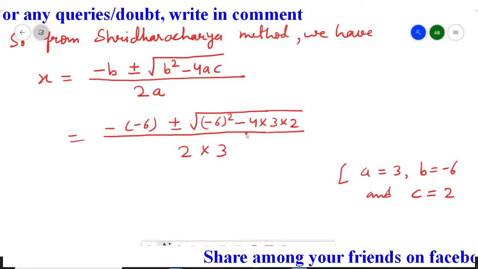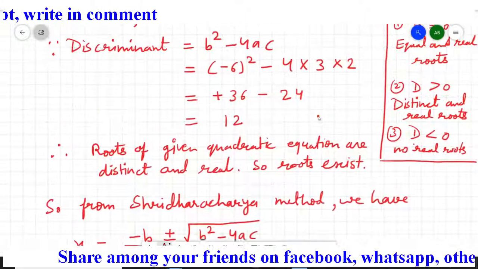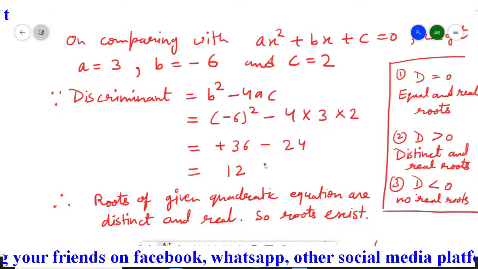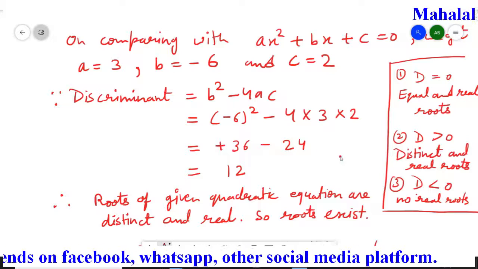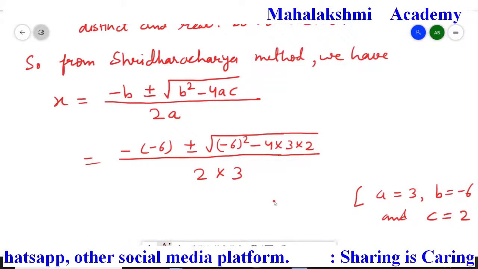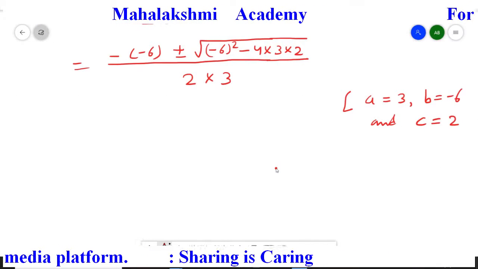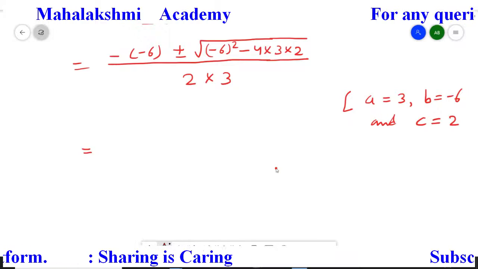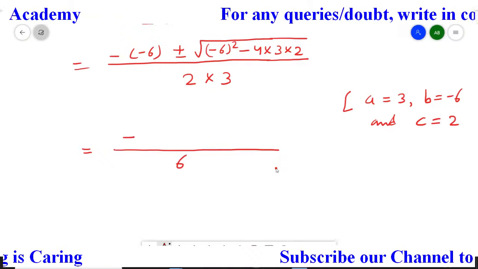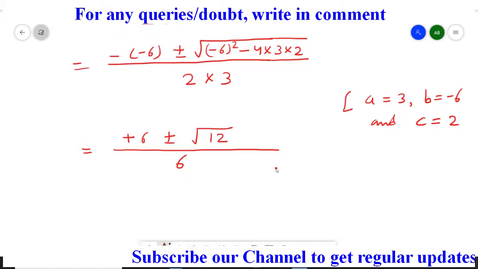So I put the values here. Now the discriminant we already solved. You see here, we already calculated the value of b square minus 4ac. After all the calculation, what answer did we obtain here? 12. So this 12 I am going to replace directly here. So in the next step it's going to be like this: minus minus plus 6 plus minus square root of 12.